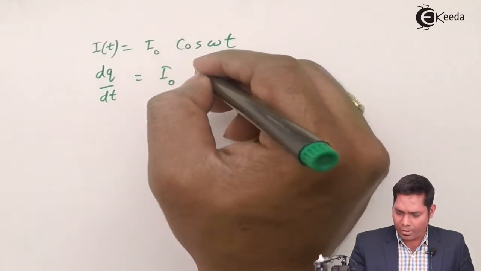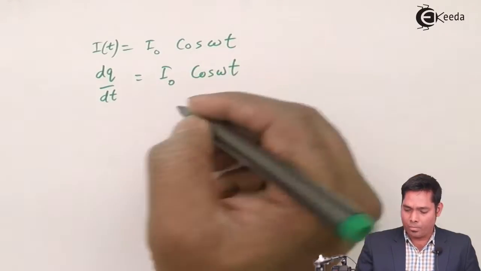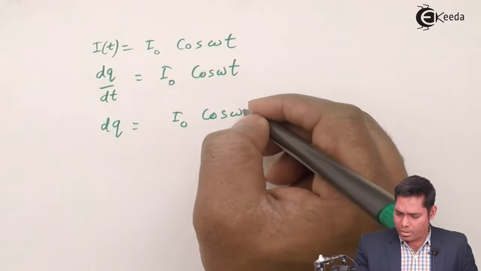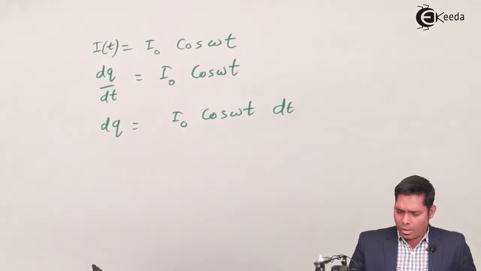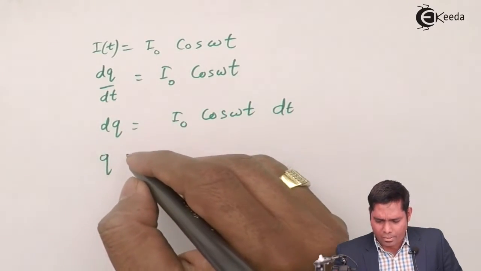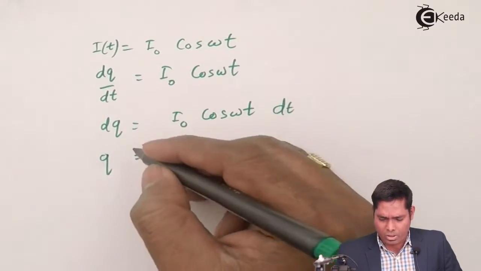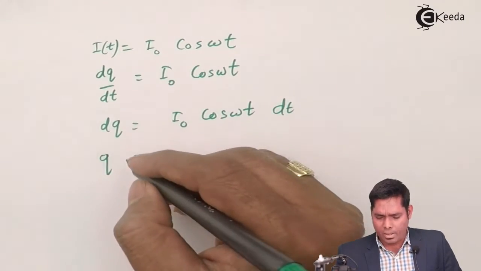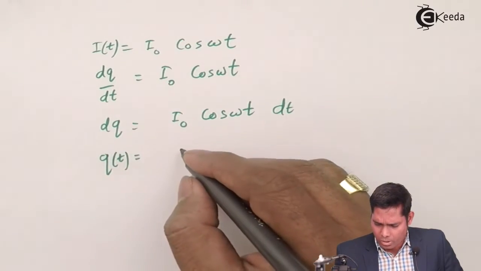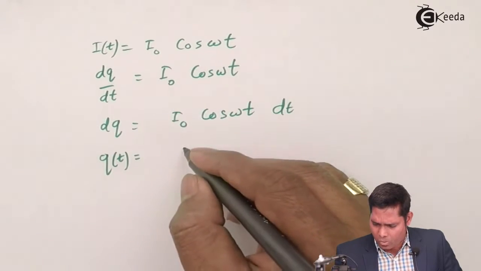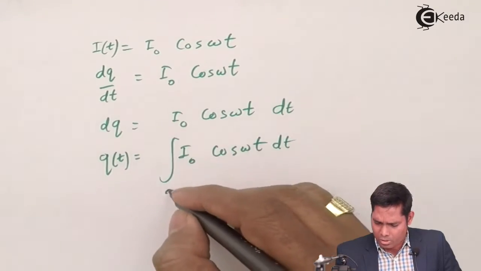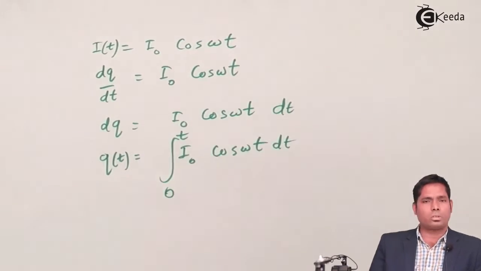It is I naught cos omega t. So from here, dq is I naught cos omega t dt. If I integrate this, q as a function of time is equal to the integration of I naught cos omega t dt, from 0 to any time t you want.